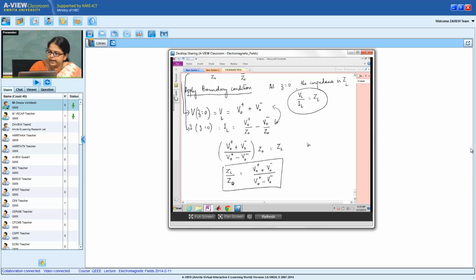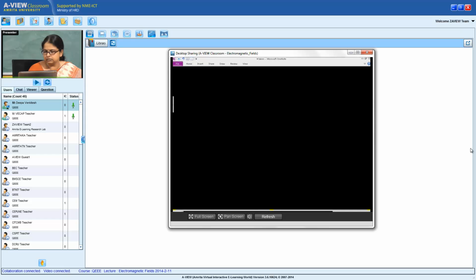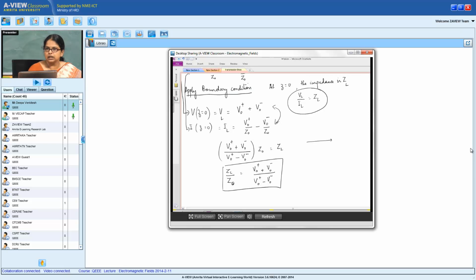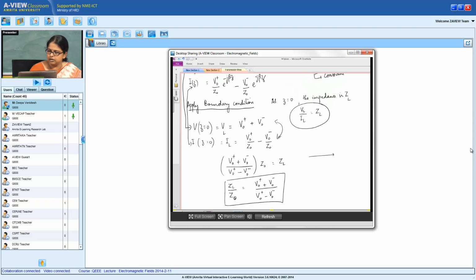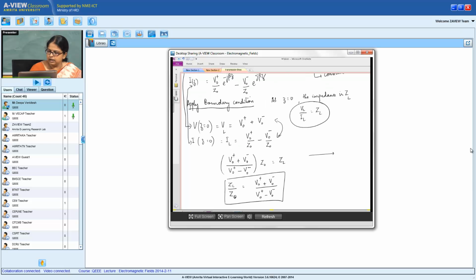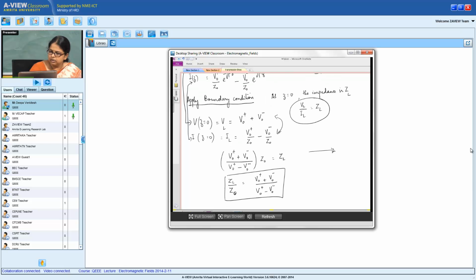So we can think about the voltage on the line as a sum of a forward propagating wave and a reverse propagating wave.